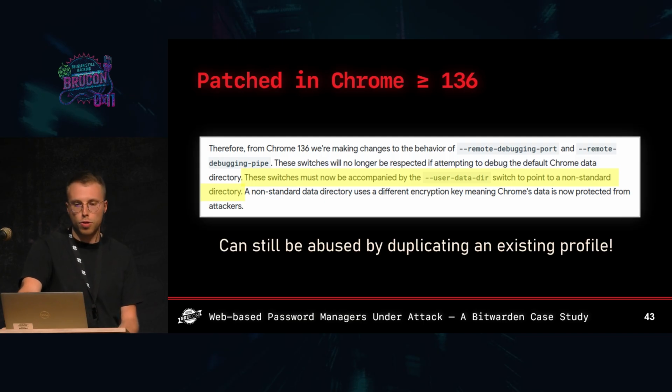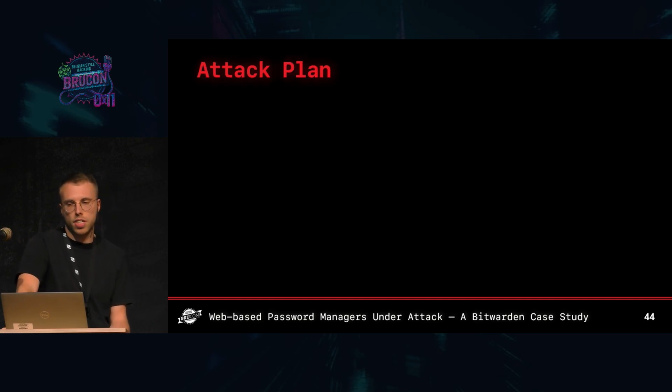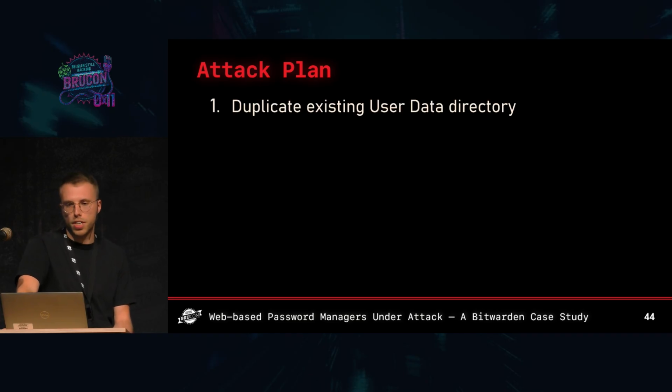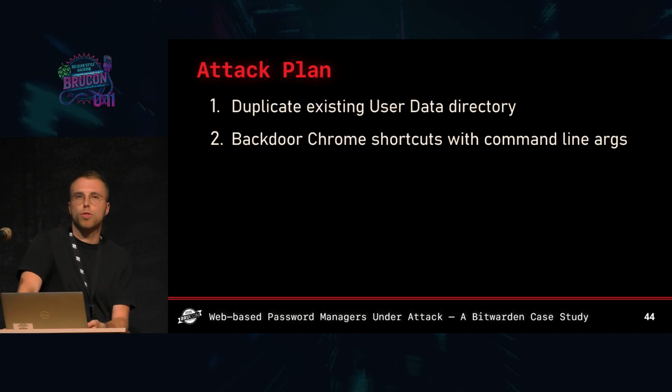But you just have to duplicate an existing profile, point to the duplicated one, and you can use the remote debugger. So the attack plan here would be to first duplicate the existing user directory, then backdoor any Chrome shortcut we encounter, so that when the user double-clicks on it, it will be launched with the arguments.